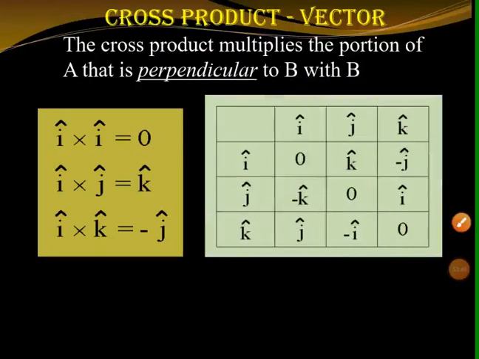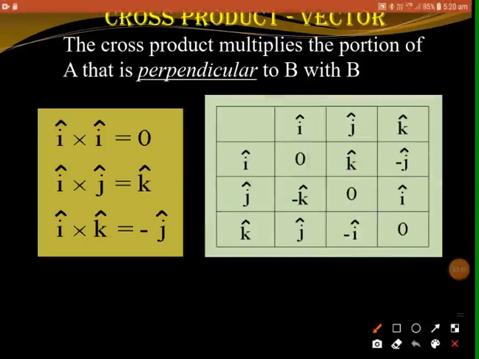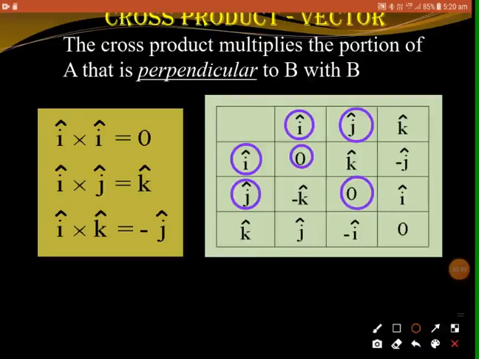Let's see, that will be here also. See here, in the case of i cross i, that will be all 0. i cross i will give you 0. j cross j will be 0. k cross k will give you 0 value. But if it is not with the same vectors, then it will not give you 0.